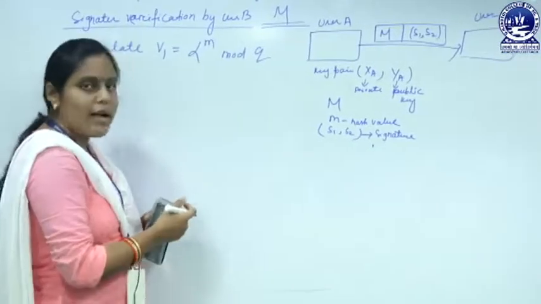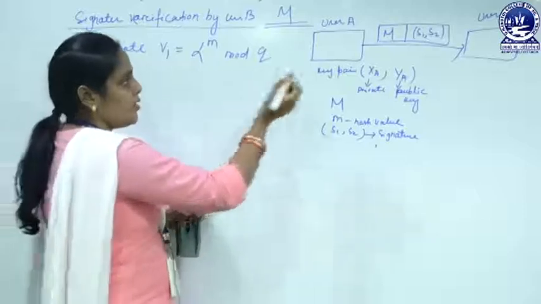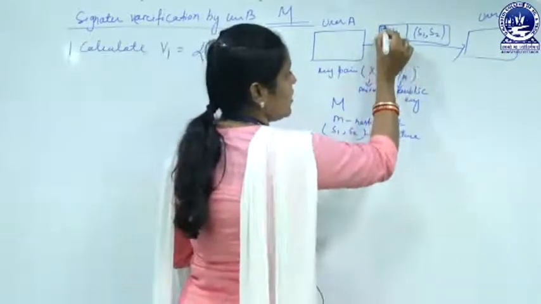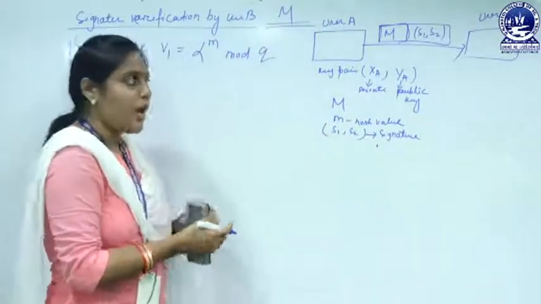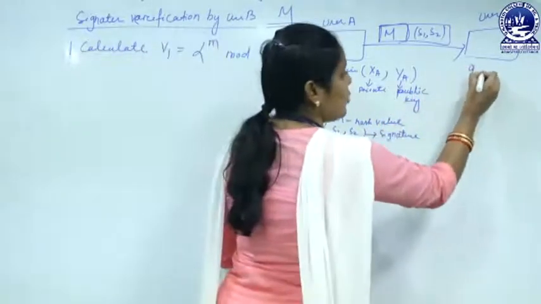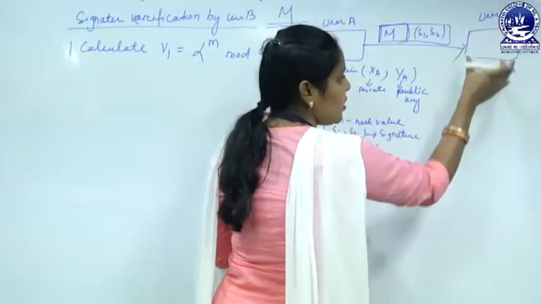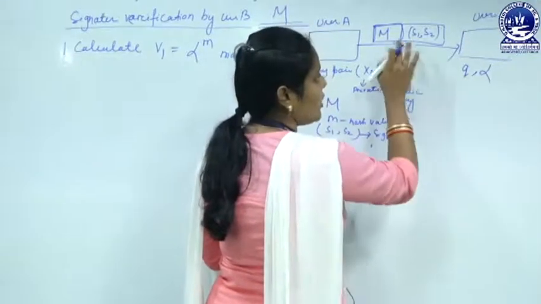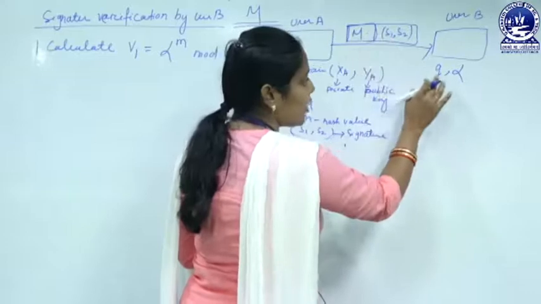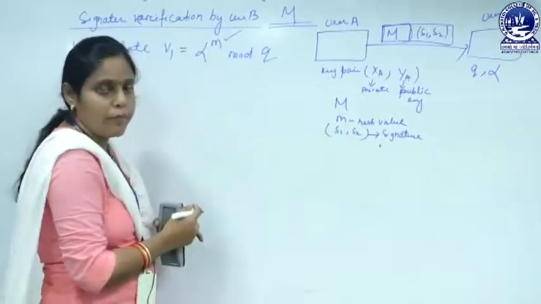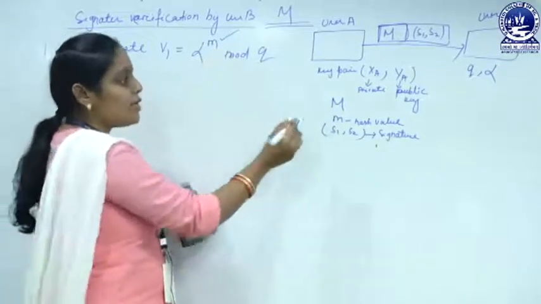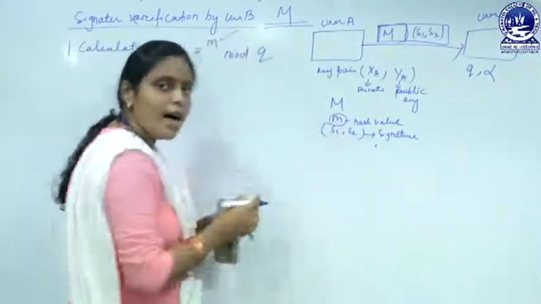Now one question may arise in your mind: the user B receives the original message and the signature, that is S1 and S2, and the public parameters are q and alpha. That means the user B knows these four values, that is the message, signature, q and alpha. Then where did this m come from? This m is our hash value.